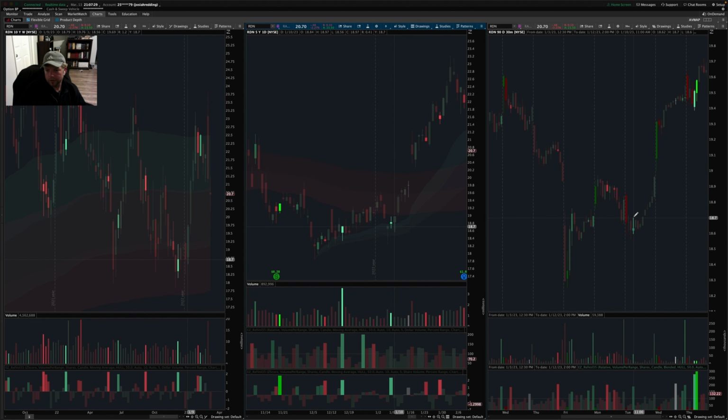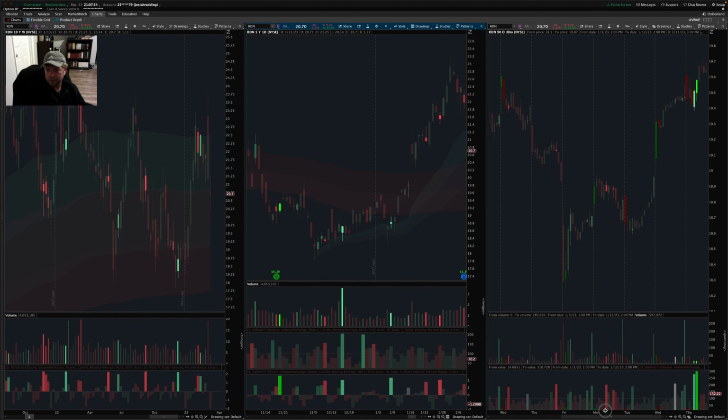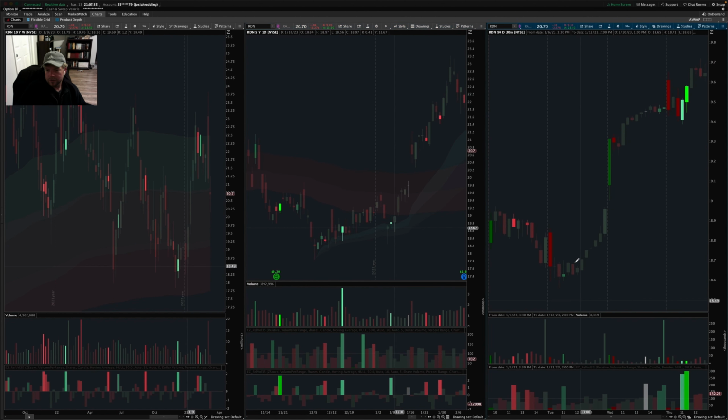Then we have this nice series of inside candles, all inside the range of this volume signal. And finally it was resolved here, so we exited the range. In this case, one way to take it would be to buy on the break above the high of the signal candle, which happened right here.